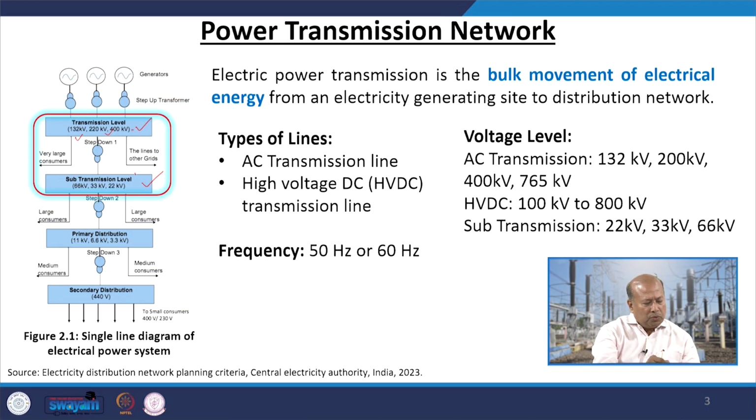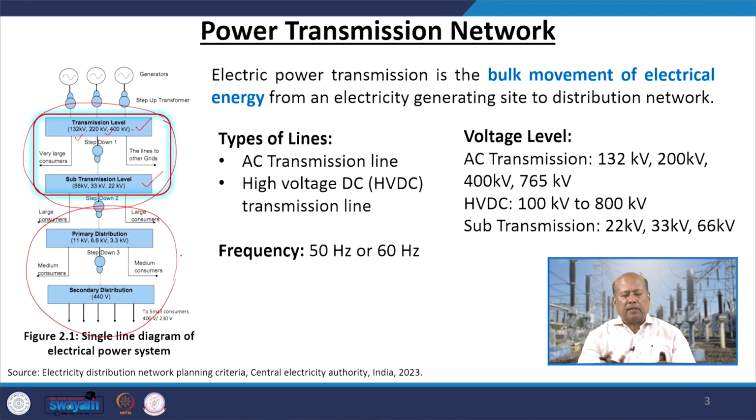So, starting from 22 kV to 66 kV is sub-transmission level, and then 132 to 400 kV is my transmission level. So, this zone of operation is my transmission system. However, below which, 11 kV till 440 volts will be known as a distribution system.